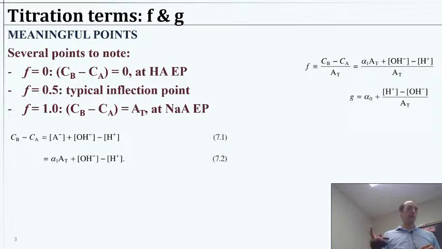F being 0.5, I think we always find an inflection point there. We'll talk about that and look at that in a moment. I think that's the one that's guaranteed. We often find an inflection point at F equals 0 and F equals 1. Those are not guaranteed, as far as I understand.